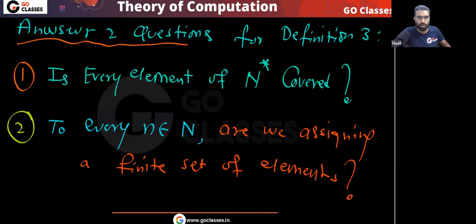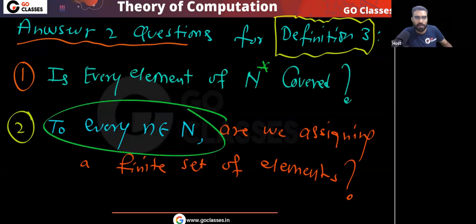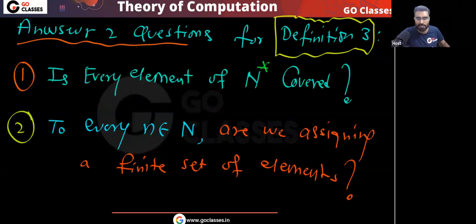Okay, just answer these two questions. Are you getting my point? In definition 3, we need to answer these two questions. That is, is every element of n star covered? And to every natural number, are we assigning a finite set of elements?